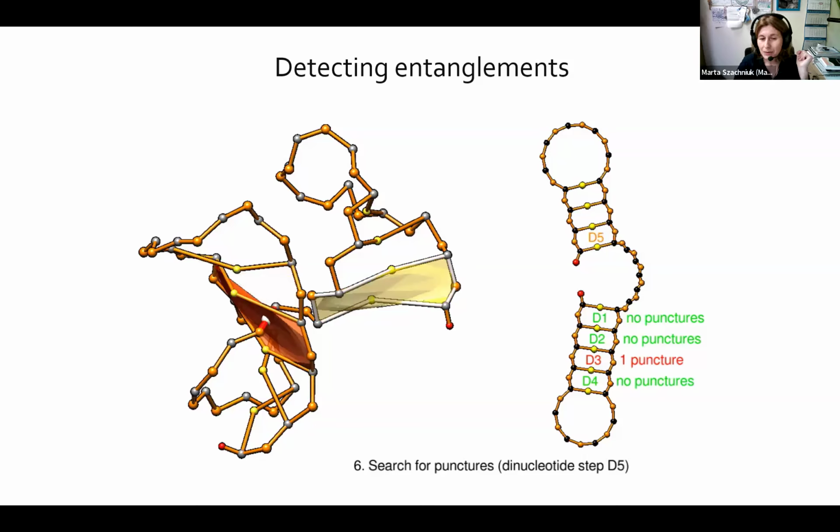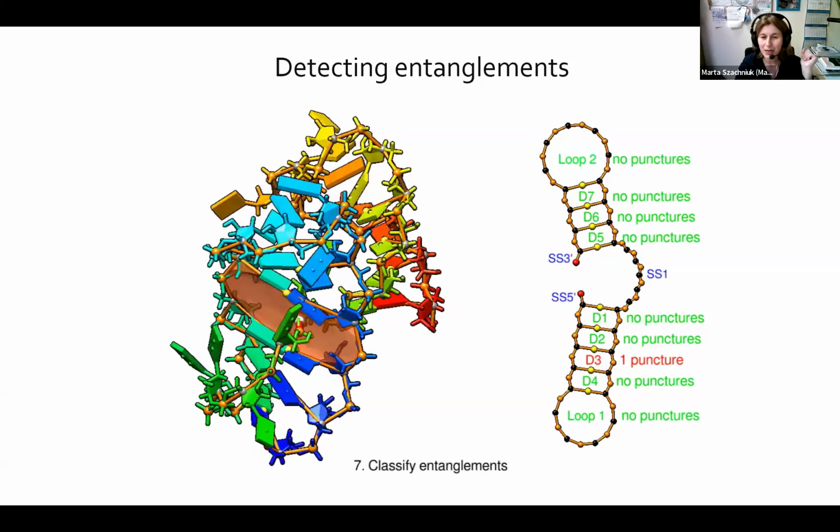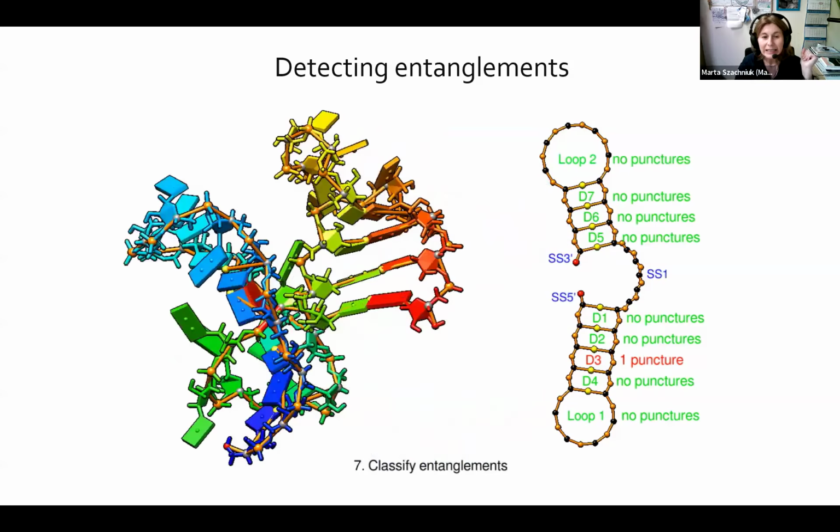And whenever we find a polygon that is punctured, we say, okay, there is a collision. So there should be some entanglement. And we try to find out what type of entanglement it is. So we go back again to our initial structure.